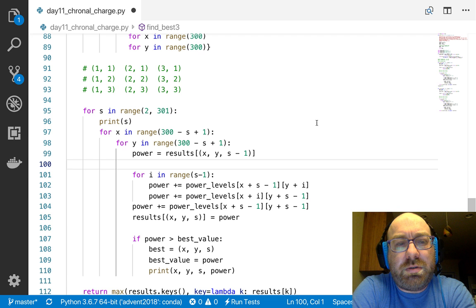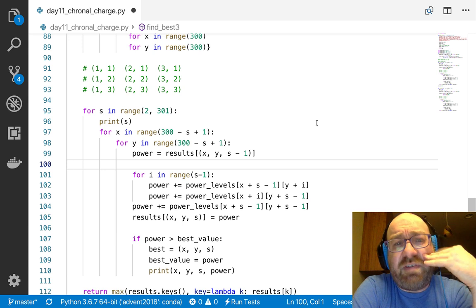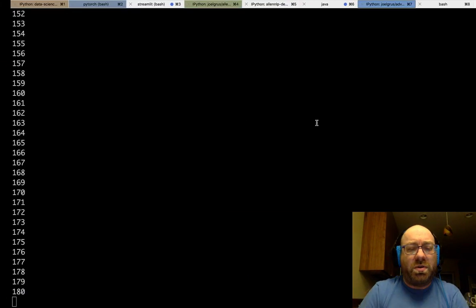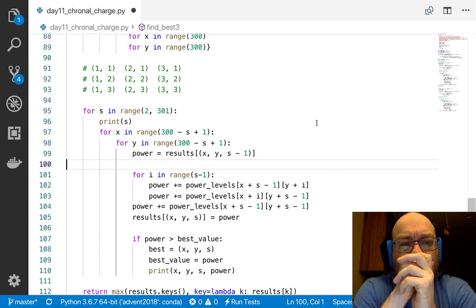I have this square, and I'd like to get to the bigger square. And that's what I did here, but I did it by like 1, 2, 3, 4, 5, which is slow, because you do that a lot. And so if you did every rectangle, no, I don't like that either.